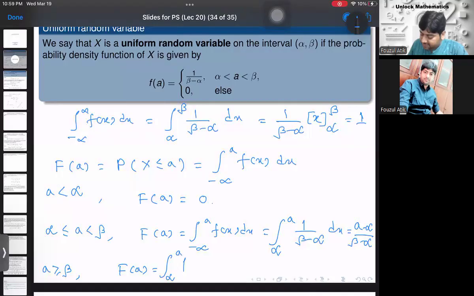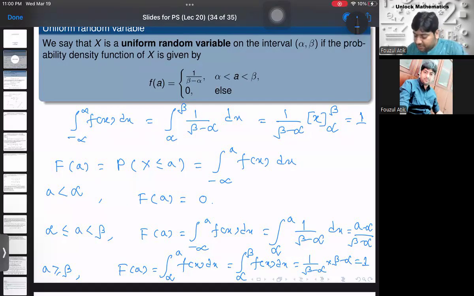Since a is greater than or equal to beta, you take the integral from alpha to beta of f(x) dx, where the value is 1 by beta minus alpha. Integrating, we get beta minus alpha divided by beta minus alpha, and this value is 1. Yes, that is expected.